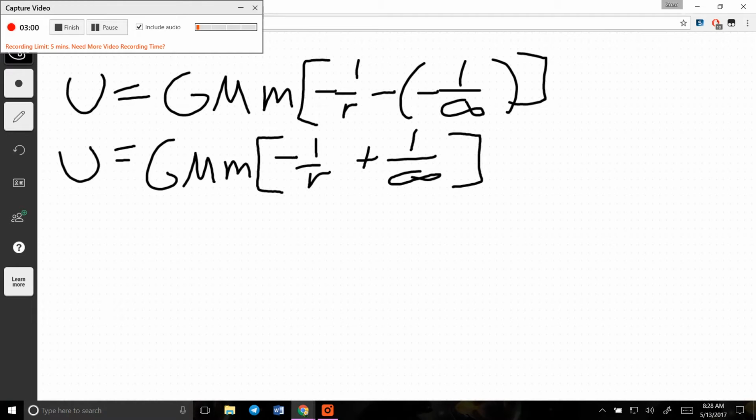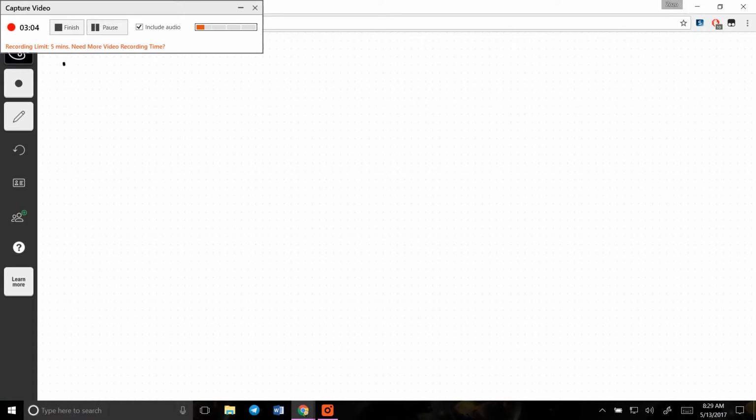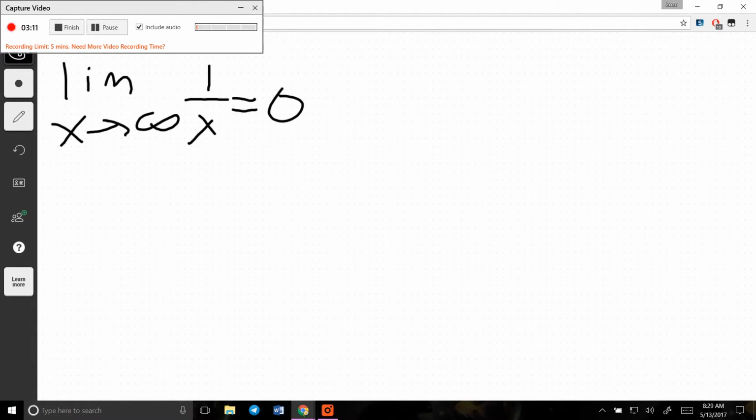Now, what do we do about the infinity? Well, we know that the limit as x approaches infinity of 1 over x equals 0, because as the number on the denominator grows at a faster rate than the numerator, the value of the fraction becomes smaller and smaller until it reaches 0.